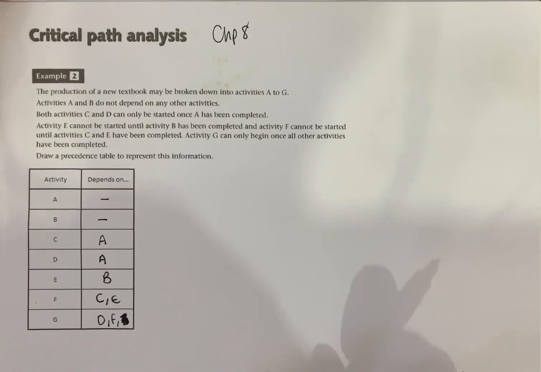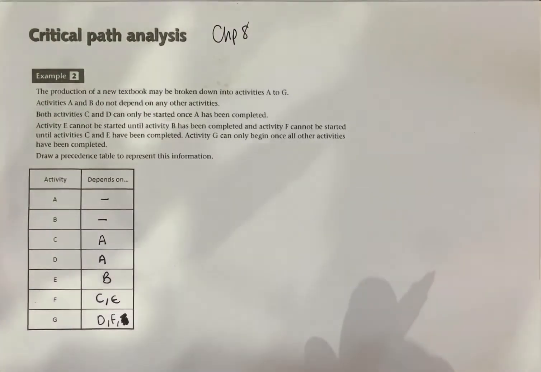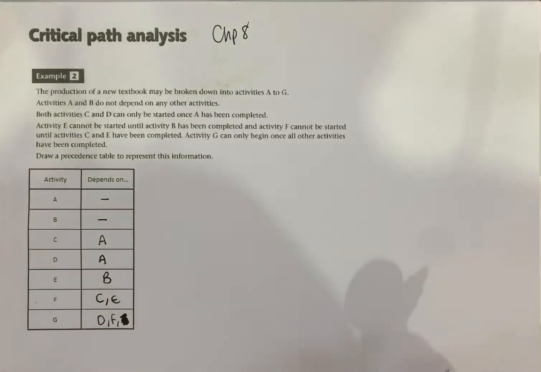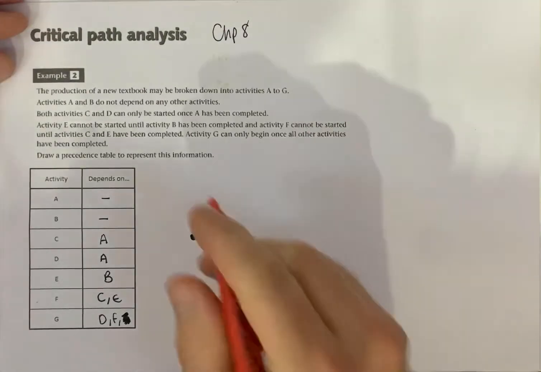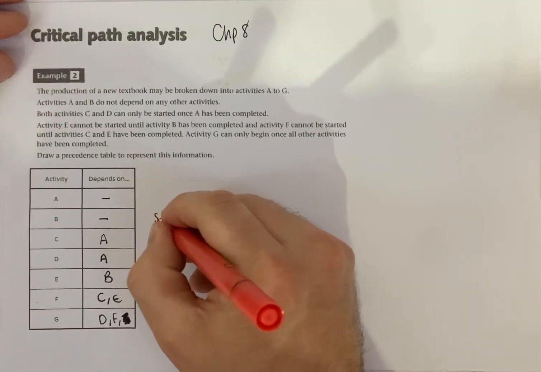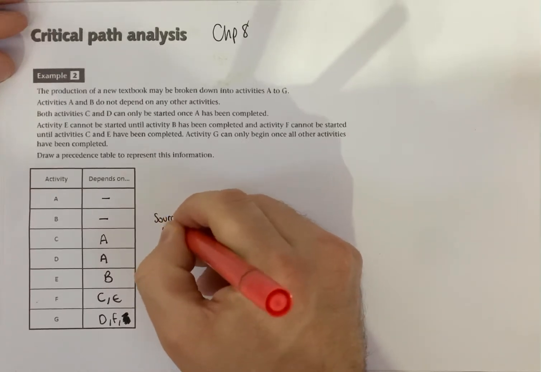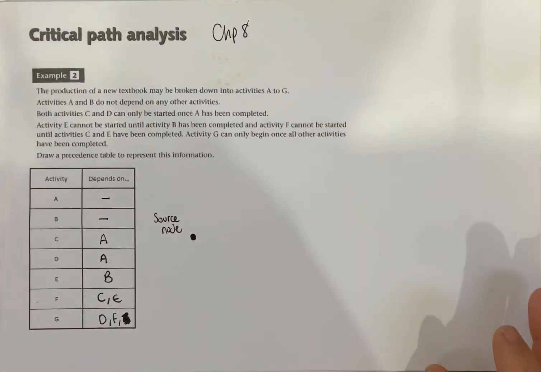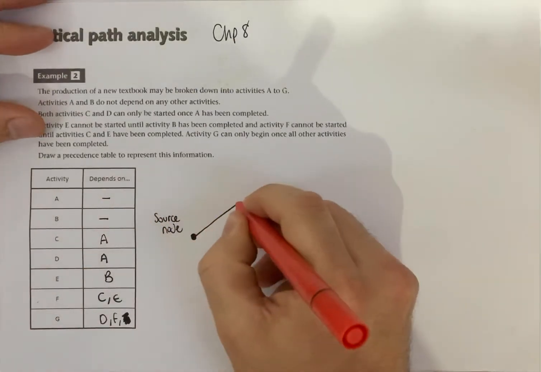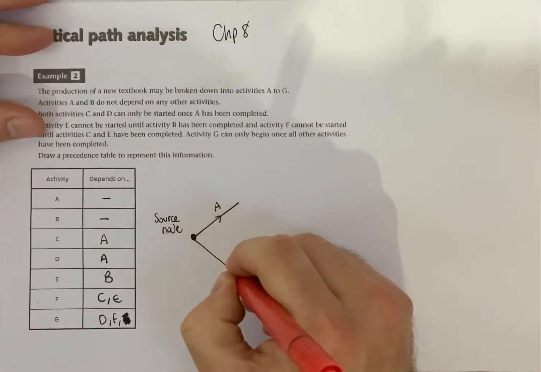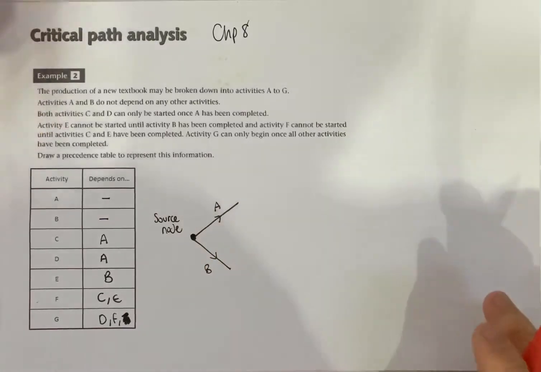So what we can then do is draw what's called an activity network. An activity network just displays this information in a diagram. So you have what's called the starting node, or source node. And then we say we can get cracking with activities A and B. And these nodes represent events.